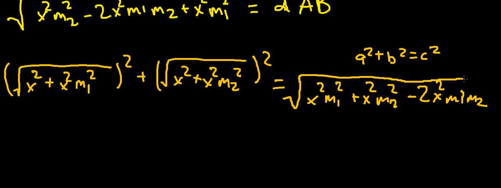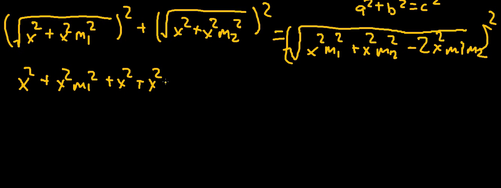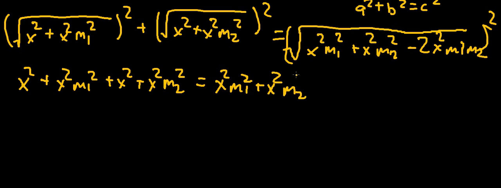And this is all under the square root, and this is all being squared. So the squares are going to cancel our square root signs. So we're going to get x squared plus x squared m1 squared plus x squared m2 squared is equal to x squared m1 squared plus x squared m2 squared minus 2x squared m1 m2.